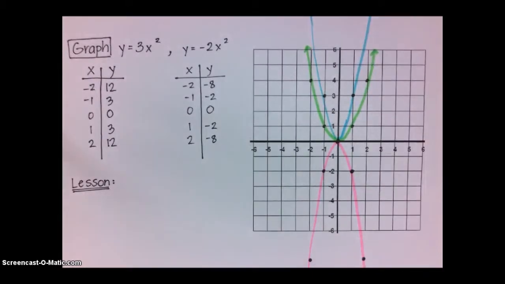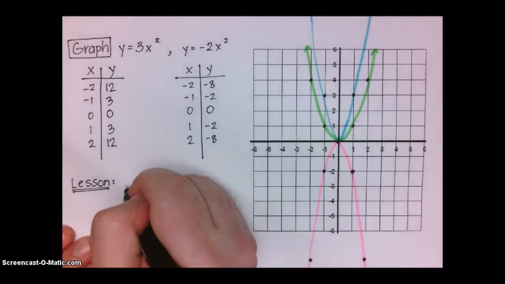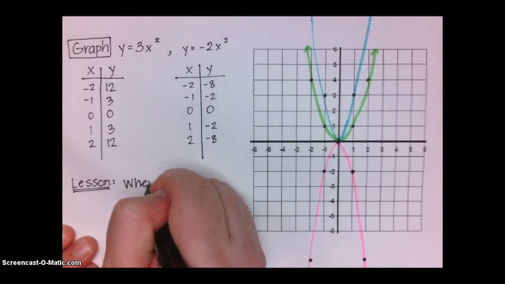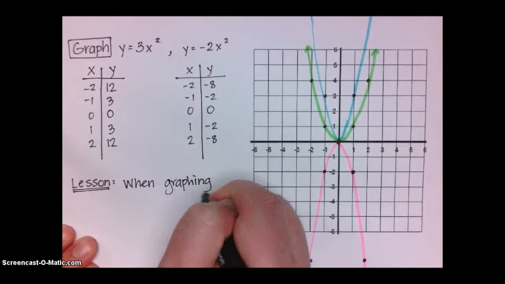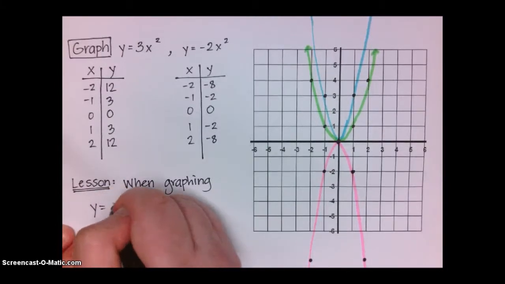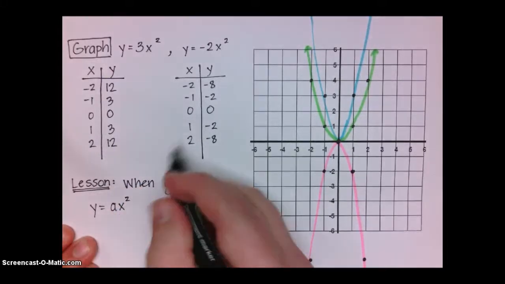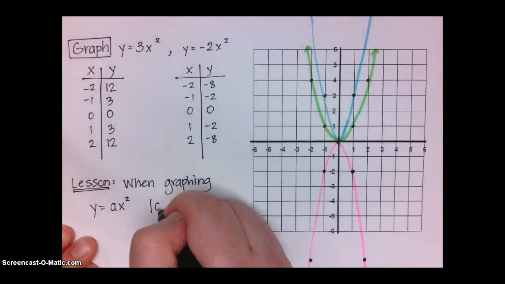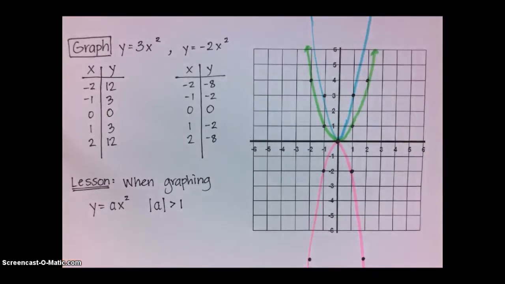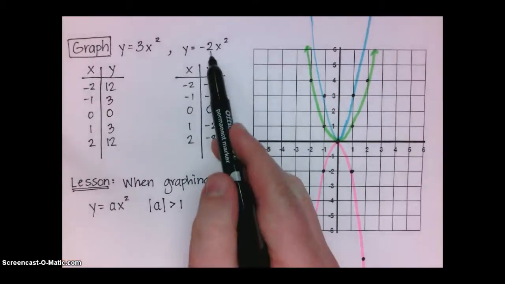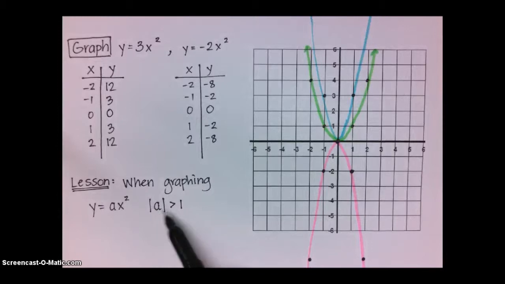So the lesson that I want us to get from this is that when you're graphing a function and it's in the form y equal to some number, we'll say a, times x squared, and when this number a, whether it be positive or negative, is still bigger than 1 when you take the absolute value of it, such as negative 2, when I take the absolute value, 2 is bigger than 1.